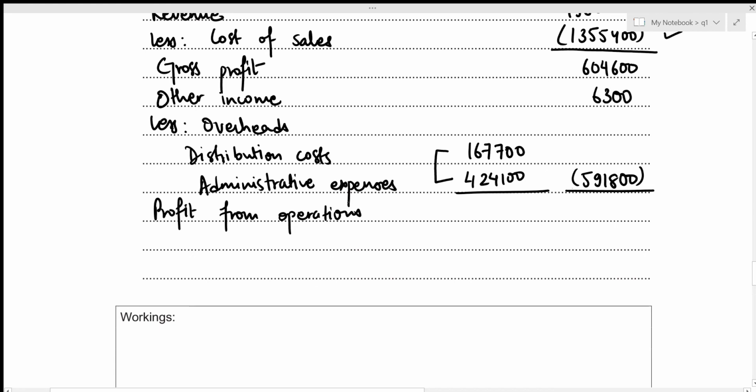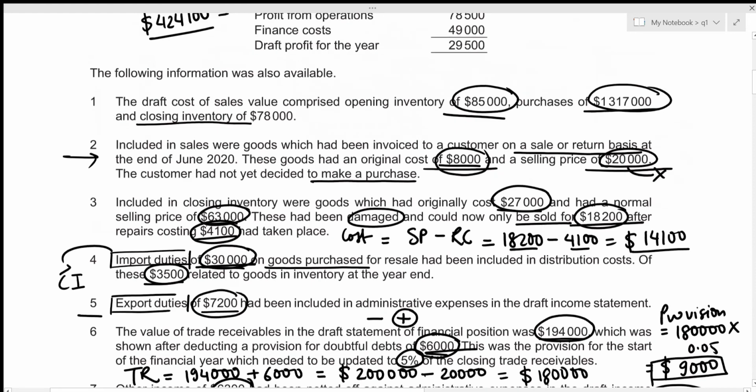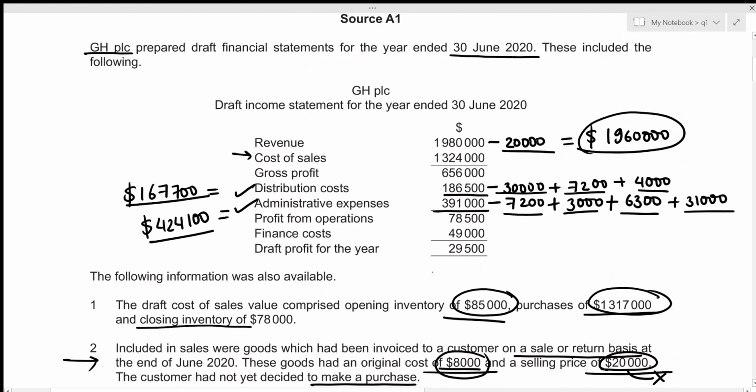And that's going to be gross profit plus other income minus overheads. So that's 604,600 plus 6,300 minus 591,800, which results in our profit from operations having the value of 19,100. And the next step would be to subtract our finance charges. Let's have a look above. We did not adjust anything to our finance charges, meaning that our draft finance charges would be the correct one. And the finance cost given is 49,000.